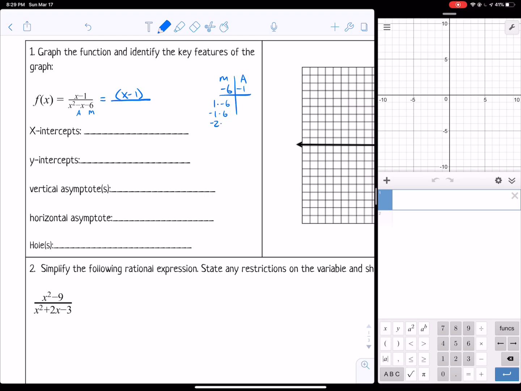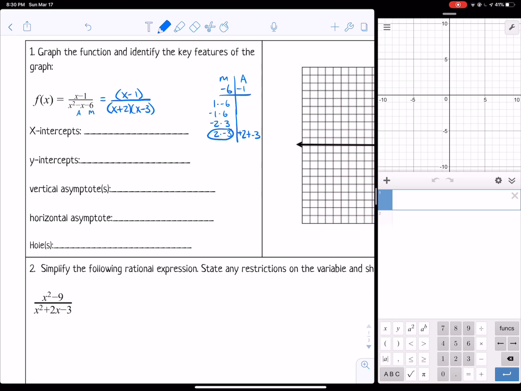We have negative 2 times 3, but that would add up to positive 1. So we need 2 times negative 3, and they would add up to negative 1. So positive 2 plus negative 3. And so then we could factor x plus 2, x minus 3 at the bottom. And then we can start putting together the rest of the problem.